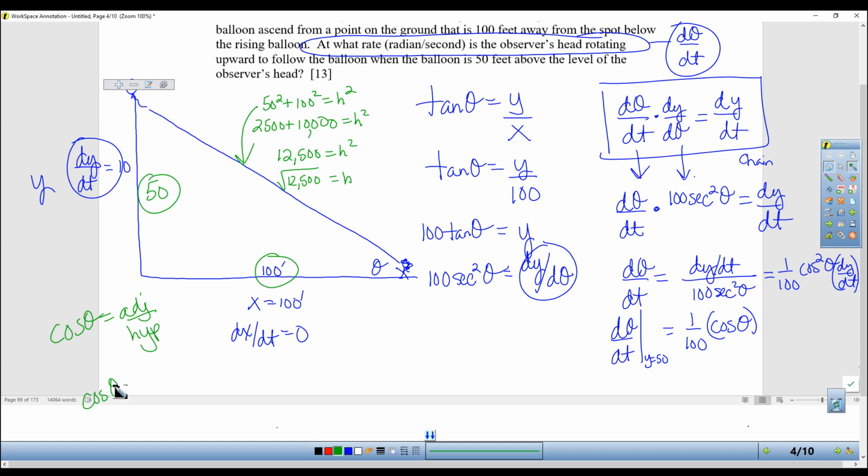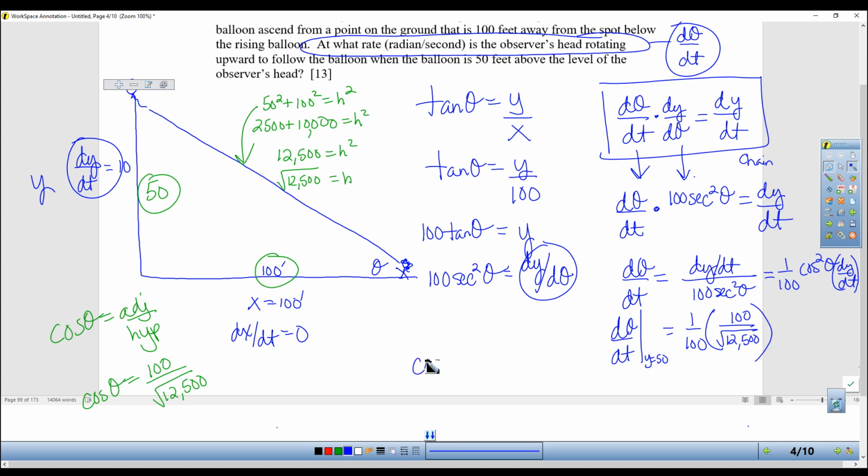So cosine of theta is 100 over the square root of 12,500. So think about that, 1 over 100. I need cosine theta to go right here. Instead of actually finding theta, I can say I found cosine of theta: 100 over the square root of 12,500.